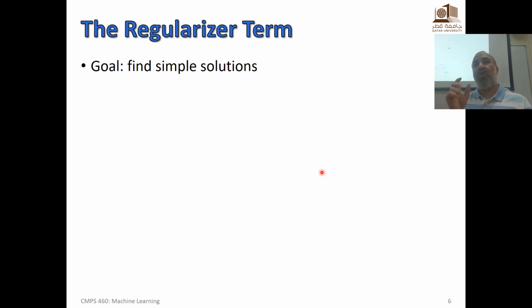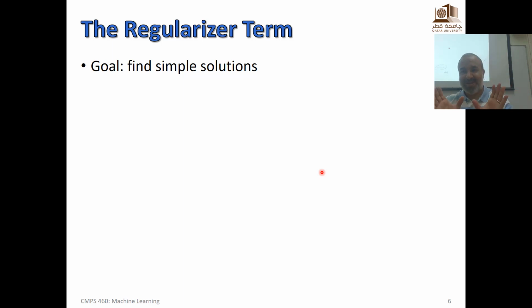A simple model will only focus on a small subset of the features. It will not consider all of them, or it will not consider many of them. Let's assume that we have 100 features. Do you think that a model that will focus on 10 features only and ignore the others will be simpler or more complex than a model that will consider 70 features or all the features? Which one is simpler?